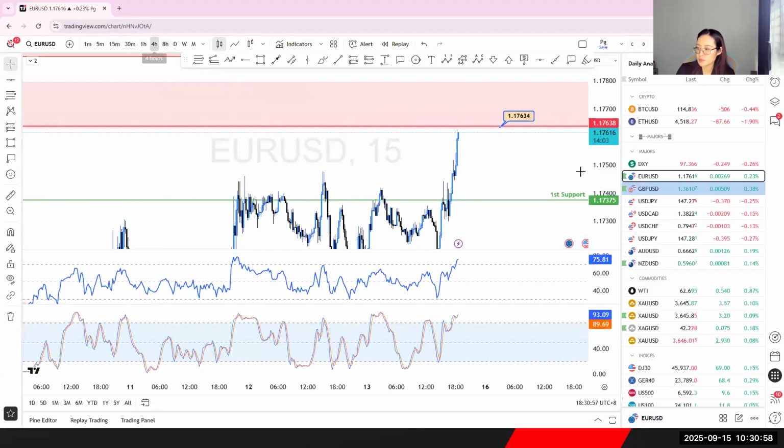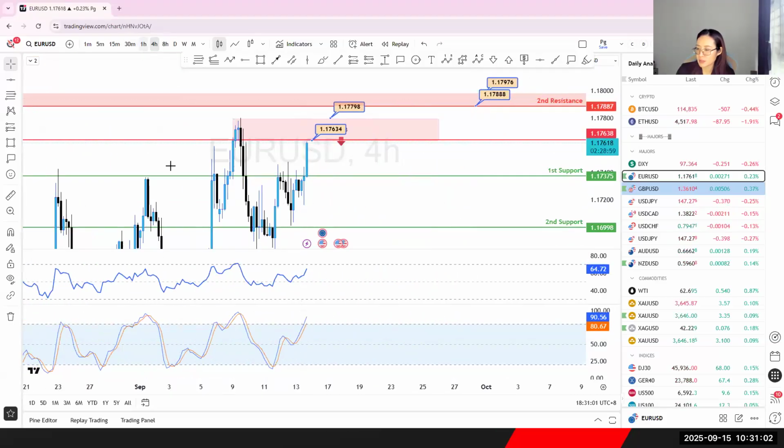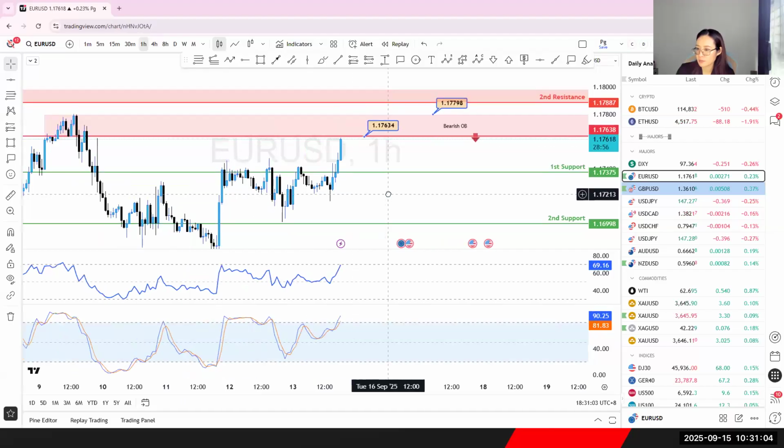I will just give you these zones in the H1. At least 1164, 1164.